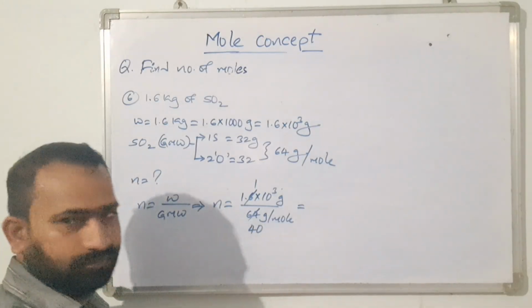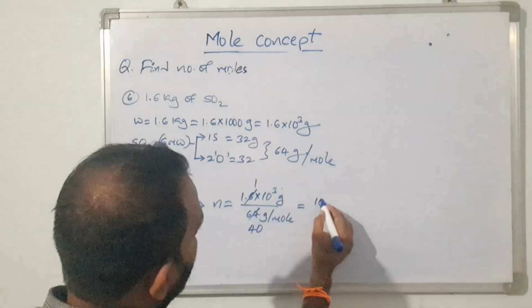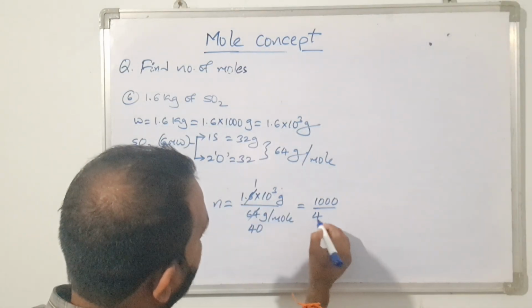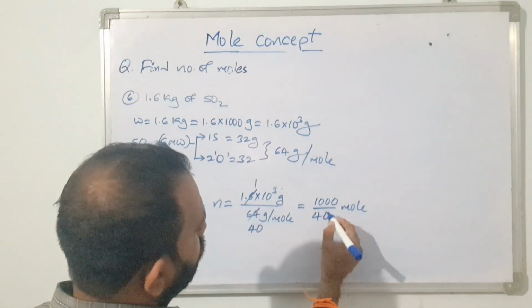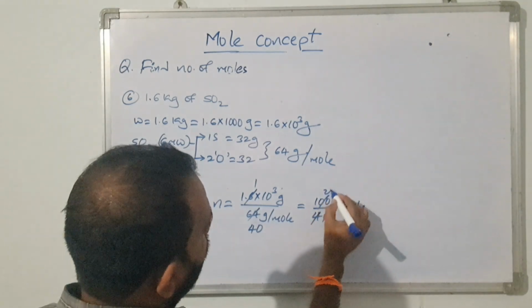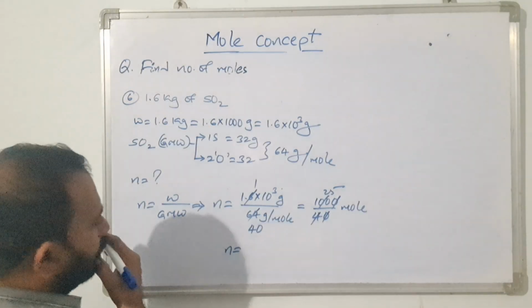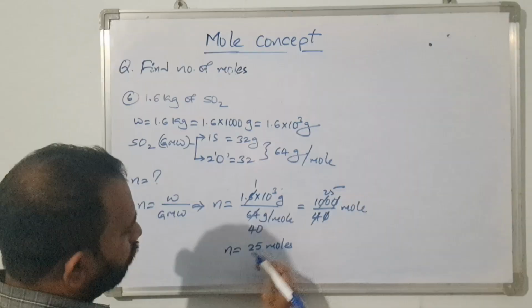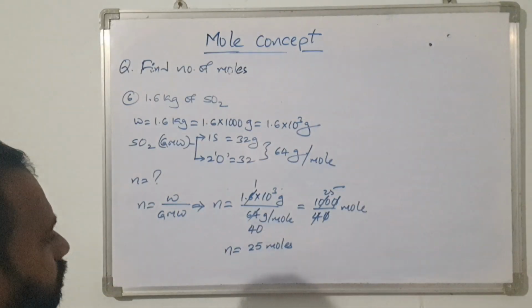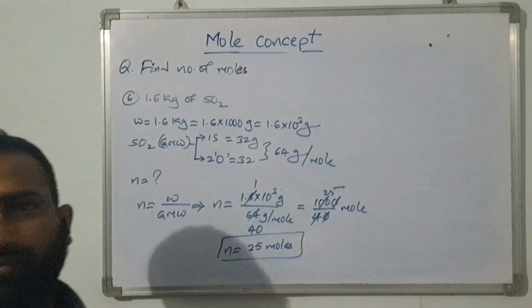So that equals 1000 by 40 moles, which is 25 moles. Understood, children?